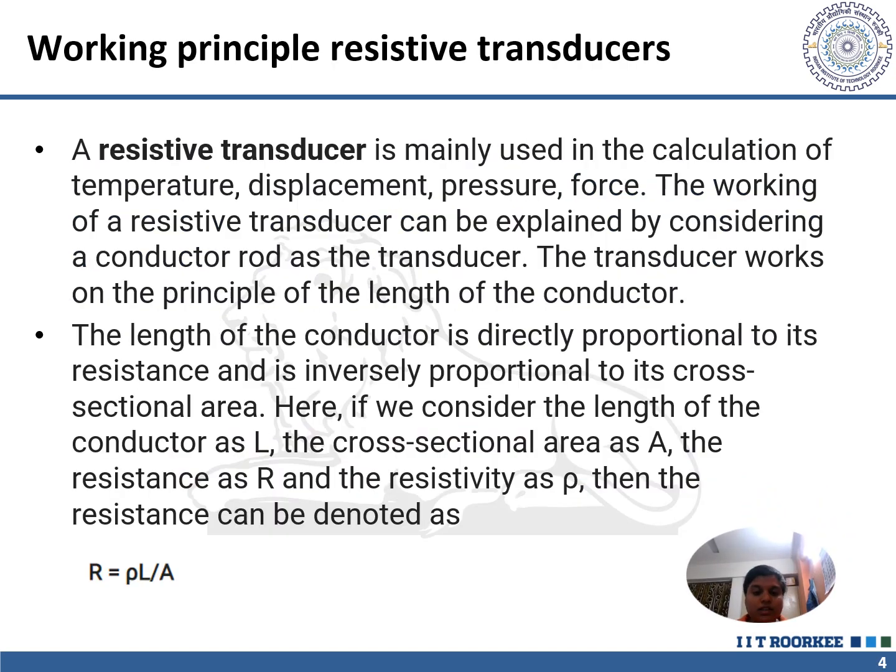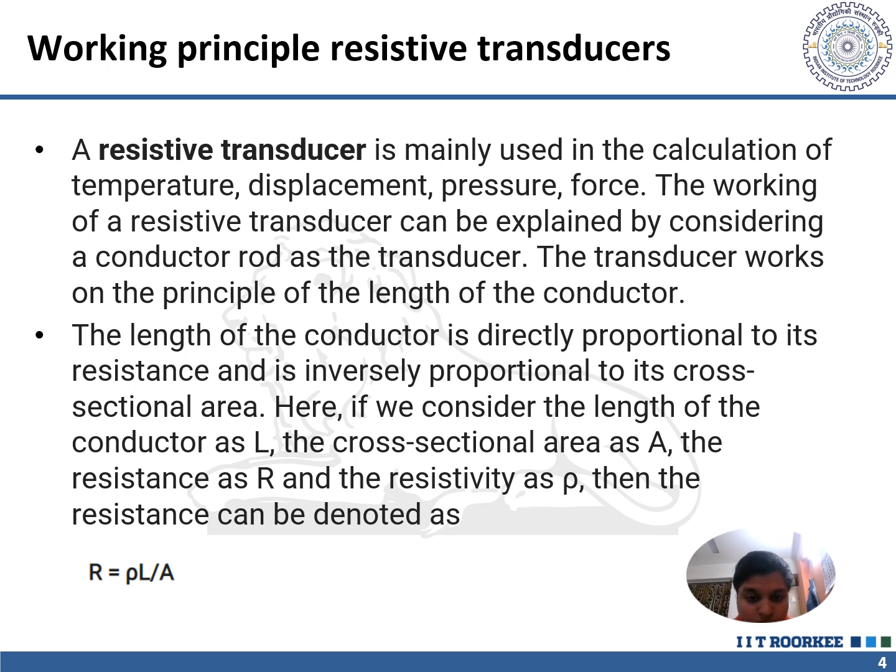Now, the basic working principle of the resistive transducers is basically using the calculations of temperature, displacement, pressure, force. The working of resistive transducer can be explained by considering a conductor rod as a transducer.